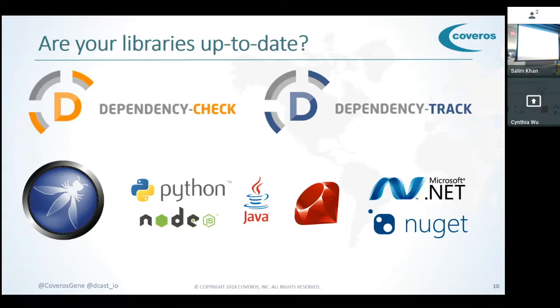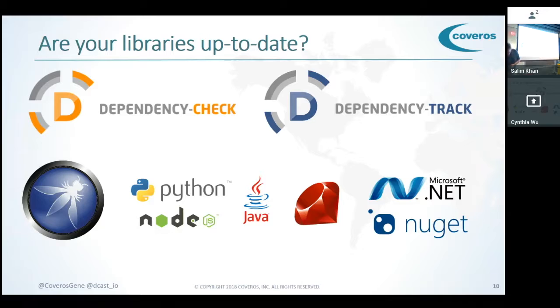OWASP Dependency Check is a great open source project that will take a look at your Maven, NuGet or Node NPM stuff, build up basically a bill of materials, see what libraries are being included, and look through all the databases it can find on the CVEs, common vulnerabilities and exposures. Does this have any vulnerabilities that have already been announced?